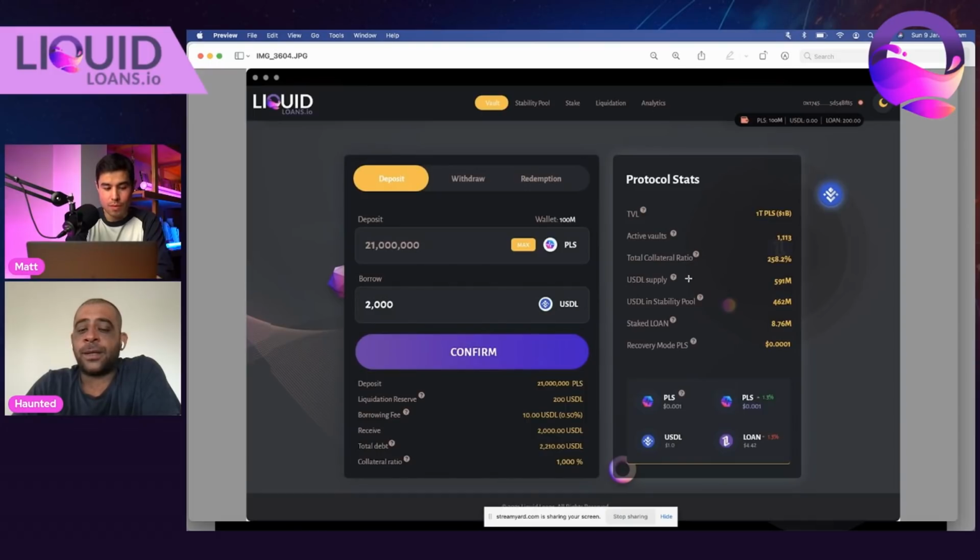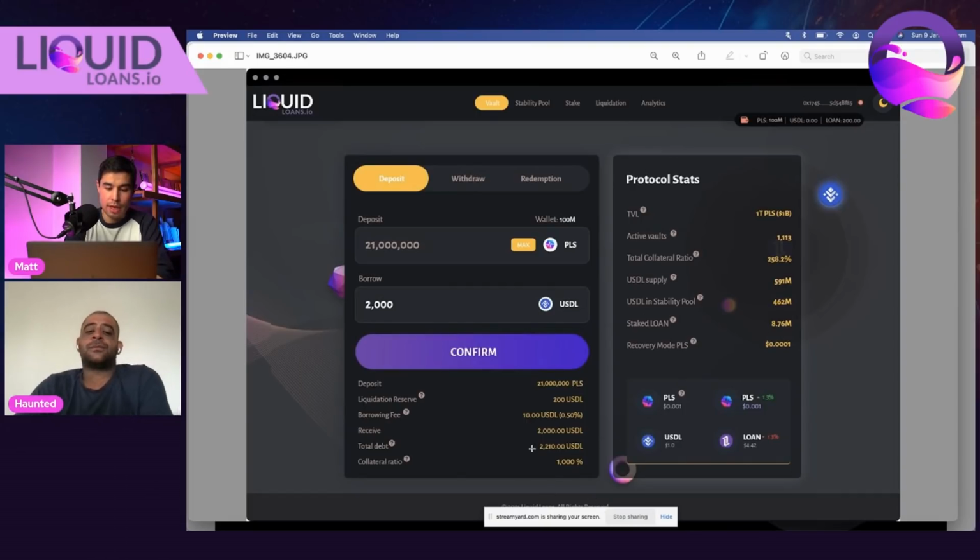Now you've got a yield coming from 10% from Pulse to buy Pulse, and you've got 10% into the stability pool, which is getting the loan token, and then you add that loan token into the staking pool, and you'll be collecting your own fees. If the price comes back and you think it's going to come back 40-50%, you can take that stable coin, pay off your loan, and you're back down to 1,000% collateral.